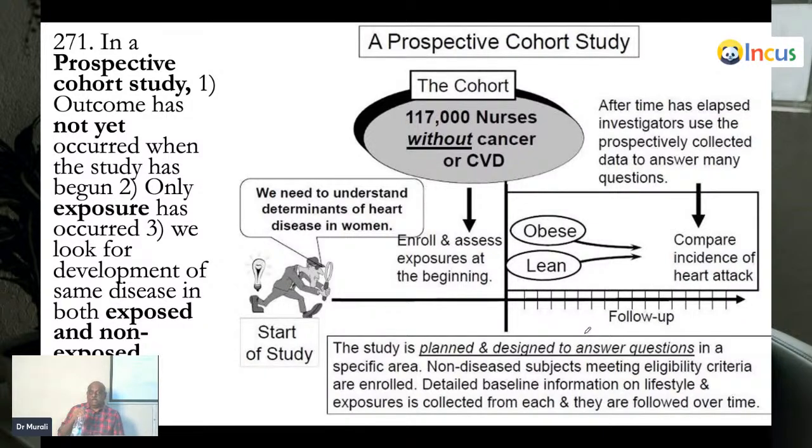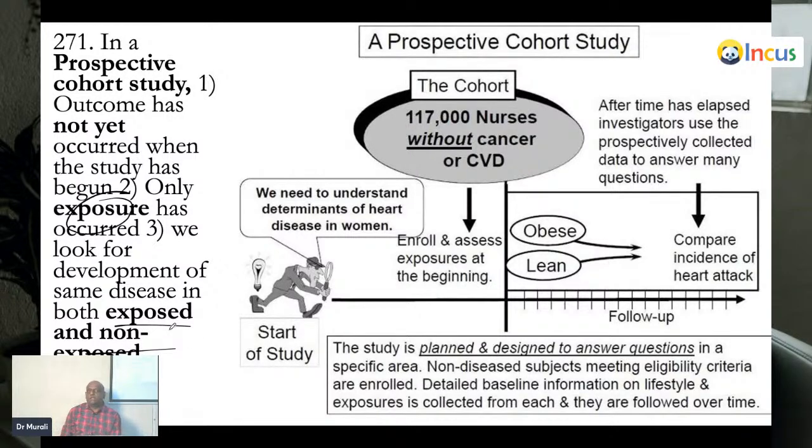Prospective cohort study. The outcome has not yet occurred. In prospective, outcome has not yet occurred. Only exposure occurred. And we try to look forward, between exposed and non-exposed group, how the disease is going to happen.